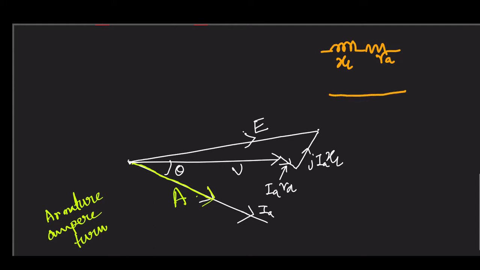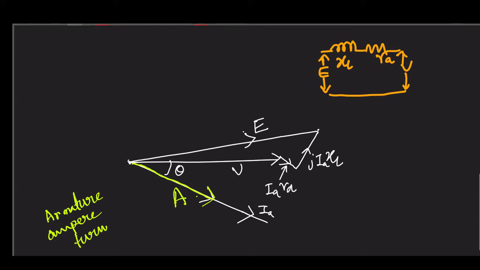Fine. Then here we have E, and here we have V. But do remember, this E is generated by the resultant MMF rotating in your machine.